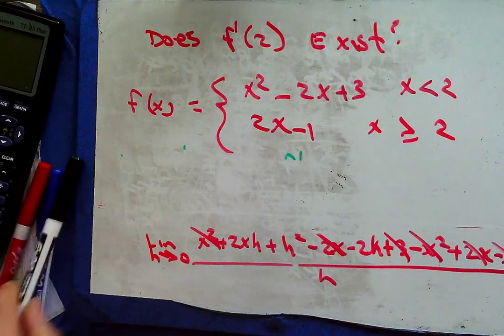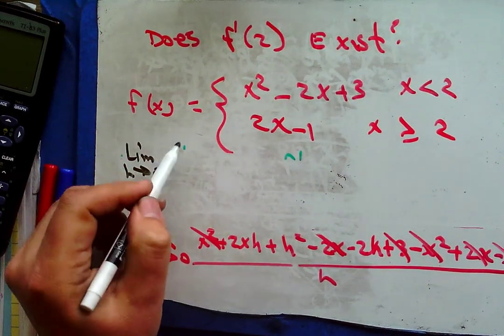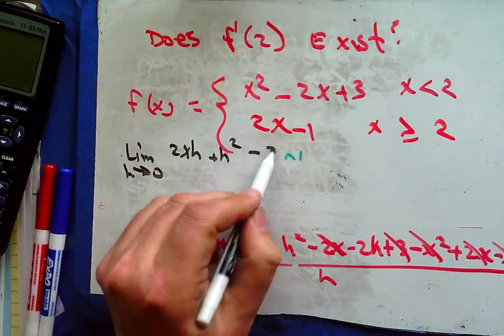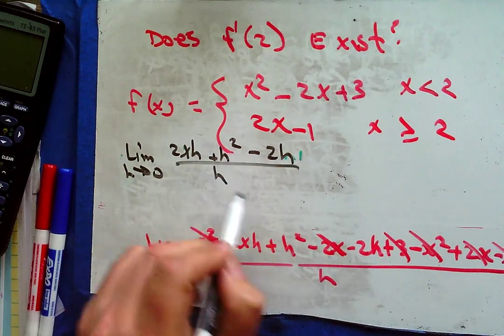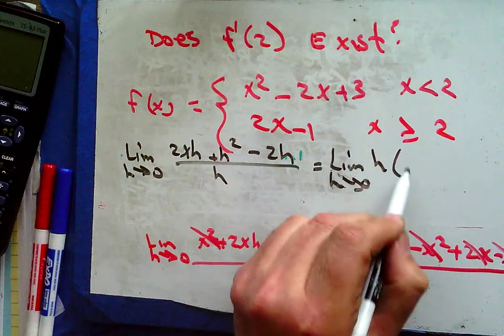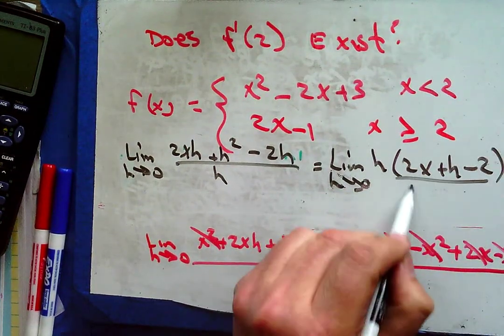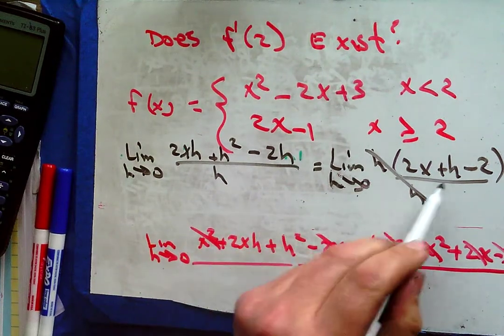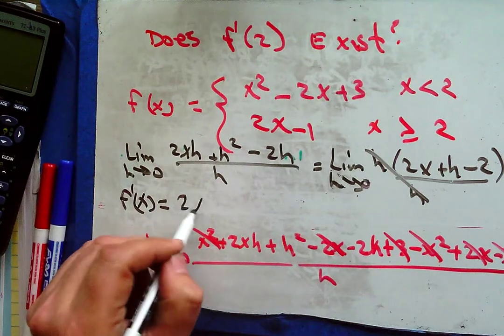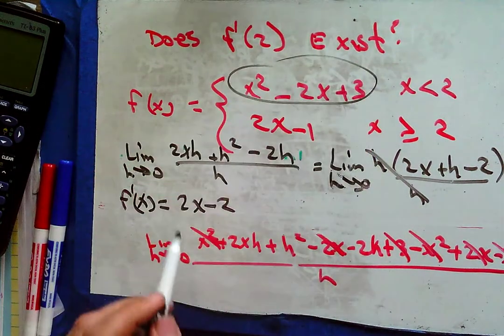That takes me to the limit as h heads to 0 of 2xh plus h squared minus 2h all over h. And that's the limit as h heads to 0 of h times 2x plus h minus 2, over h. Now I can plug in 0 for h, and I get that f prime of x is 2x minus 2.